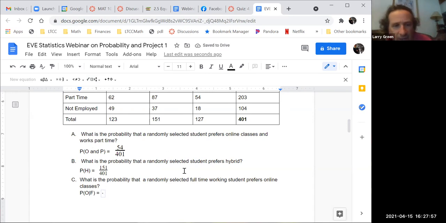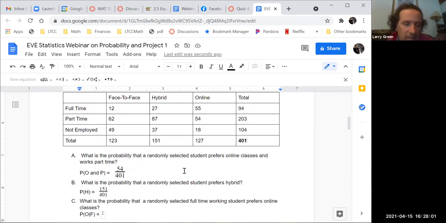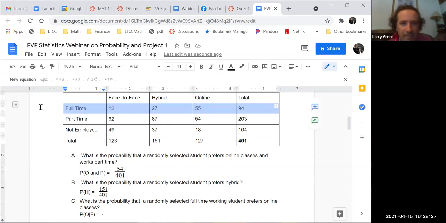Okay, so now we have to think about how we come up with the probability of being online given full-time. I know you probably can't see the top and bottom, but I want to make sure you can at least see the chart. If we're given that they're full-time, what is the total number of students we could choose from? 94. Notice what that means when we're given full-time.